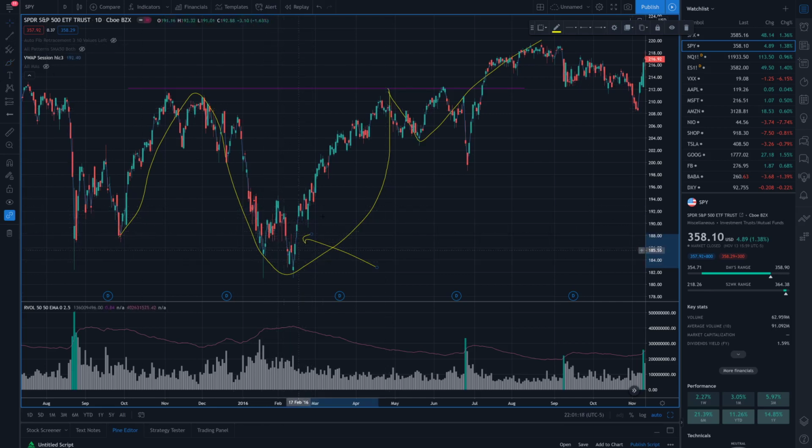At this point, the cup and handle wouldn't have even formed yet. It would have gone down, and then all you have is right here. But you're buying right there because you anticipate it to come back up, and it fulfills the cup.